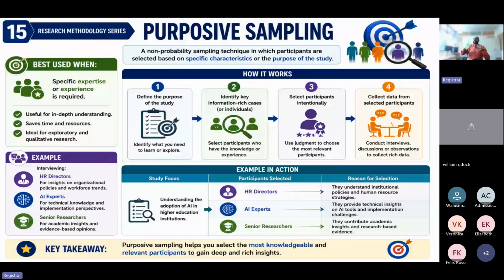That is why we use purposive sampling. Why use this? Because your data leads to deep understanding, and moreover, it saves time and resources, because we don't want unwanted data to come in between, and we are really explorative and qualitative in nature.